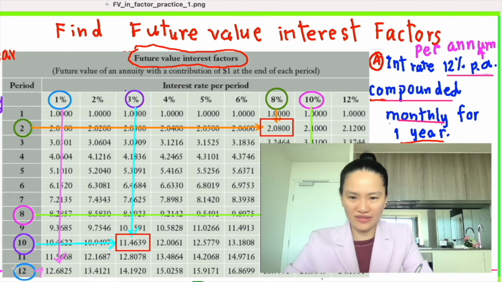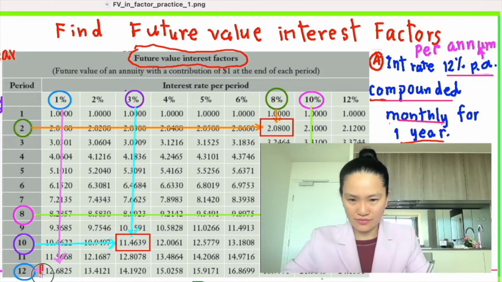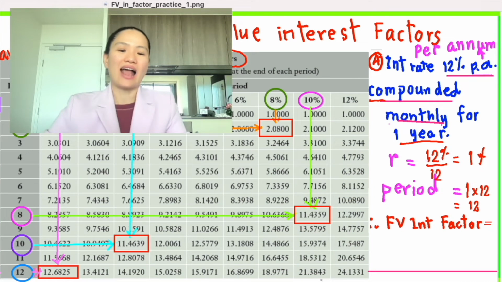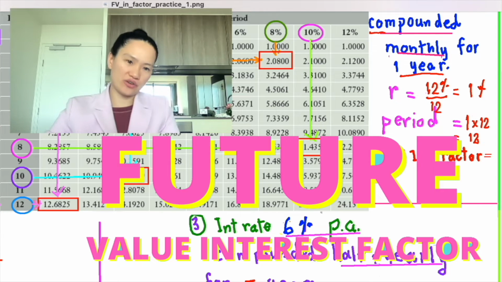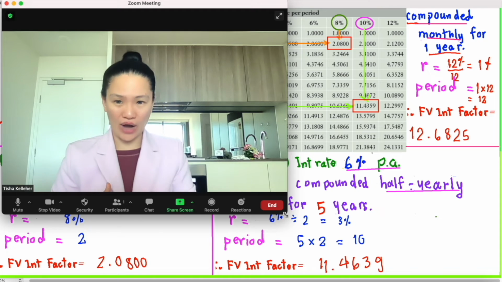Of course, I get the value here. So our future value interest factor is 12.6825. And this one is our answer.